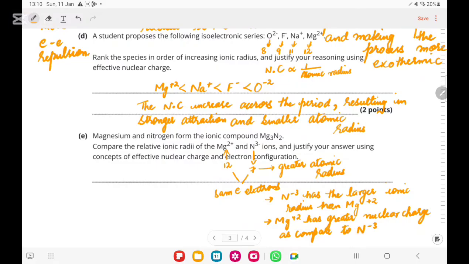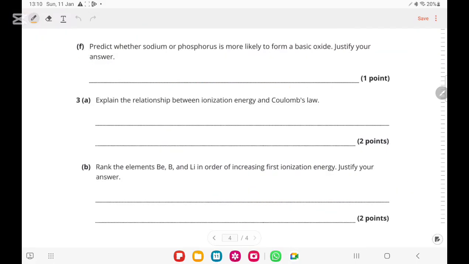In the next question, they say predict whether sodium or phosphorus is more likely to form a basic oxide. So remember, metals always form basic oxides, while non-metals form acidic oxides.